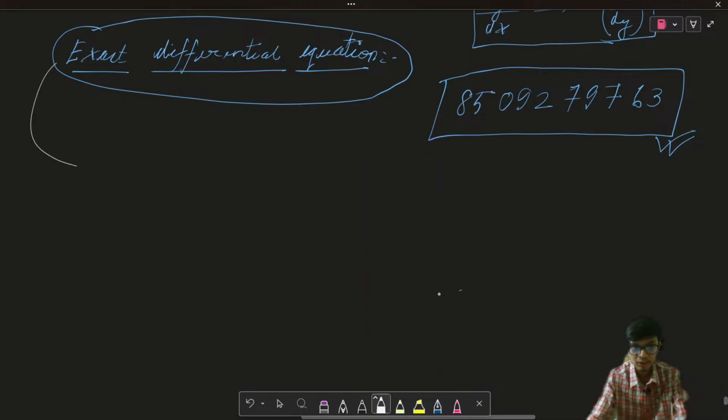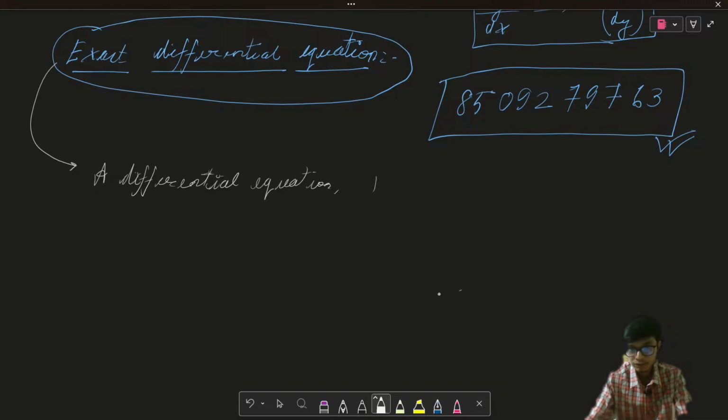First and foremost thing that you need to understand is that whenever I have a differential equation, let us say I have a differential equation of the form M dx plus N dy equals 0, where M is a function of both x and y and N is also some function of x and y.